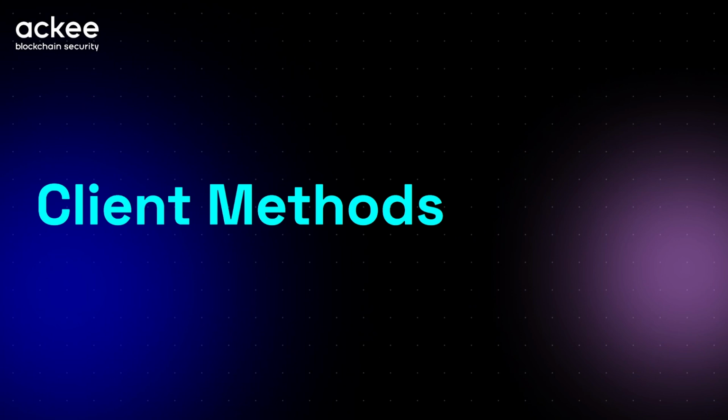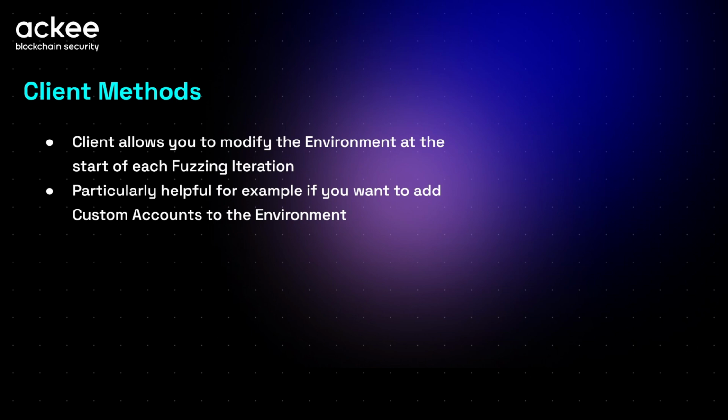Then we can continue into the client methods. In this case, the client also contains some methods that can be really helpful if you would like to customize the environment before each fuzzing iteration. You can check the methods and see the documentation, and this can be particularly helpful, for example, if you want to add custom accounts to the environment.